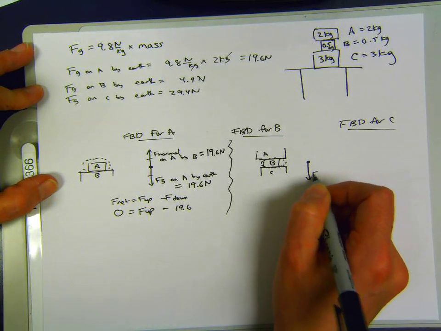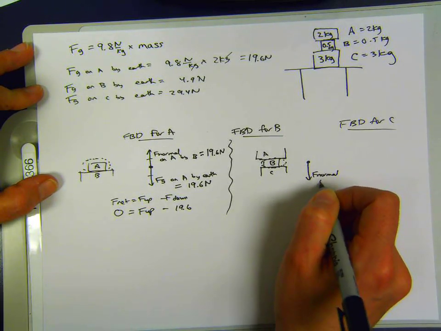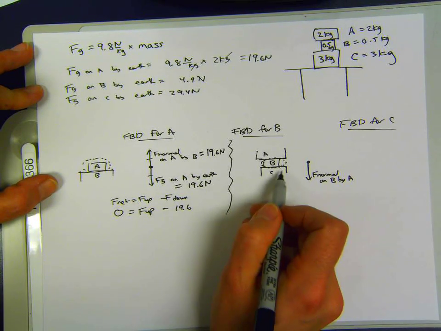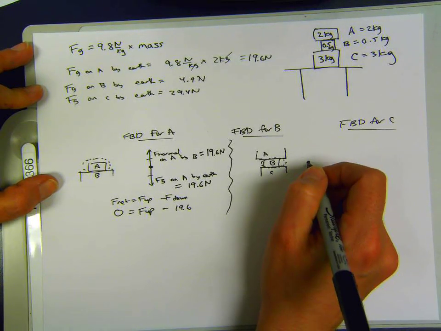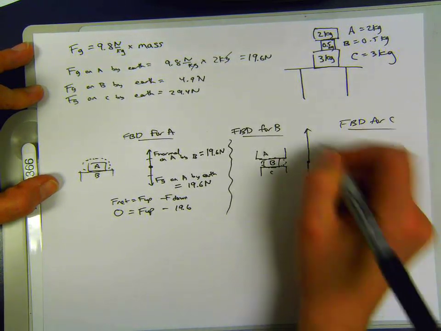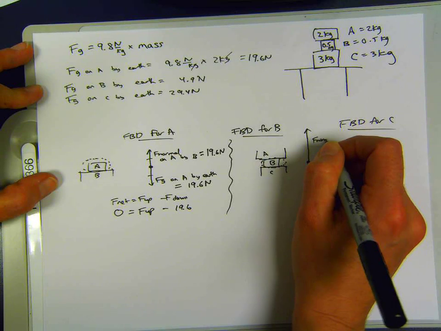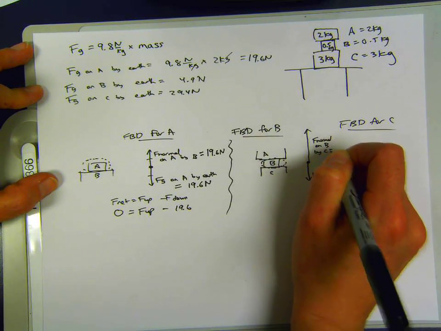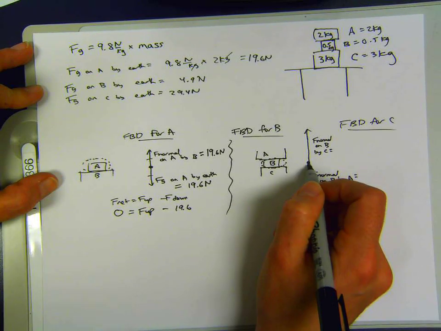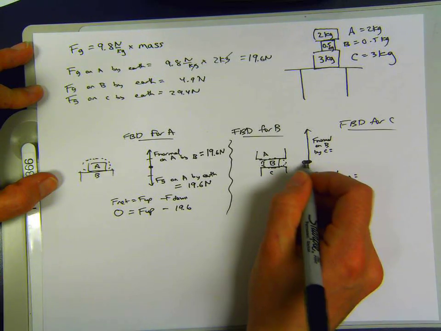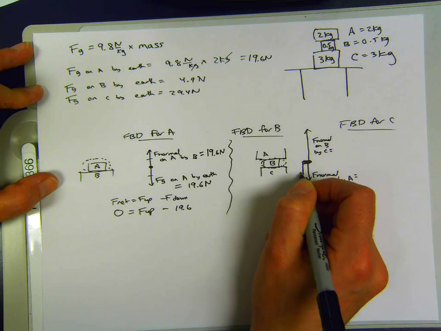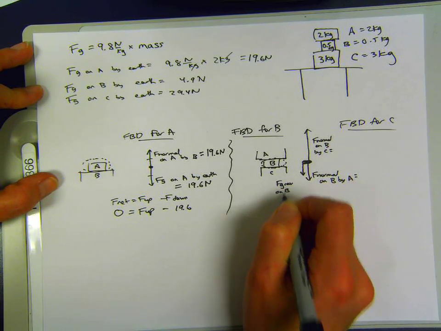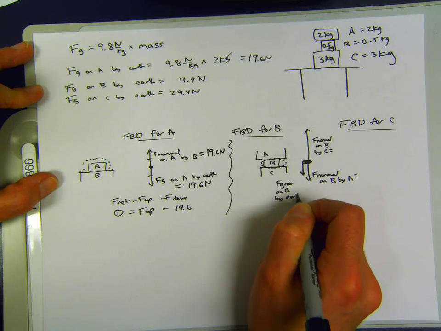So there's this F normal on B by A. C is below it, so it must push up. I don't really know how big, so I'll just draw it sort of random: F normal on B by C. I don't know how big either of those are. And then of course there's a big planet nearby, so I'll draw another arrow down to be F gravity on B by the Earth. That's about the only one I know so far.